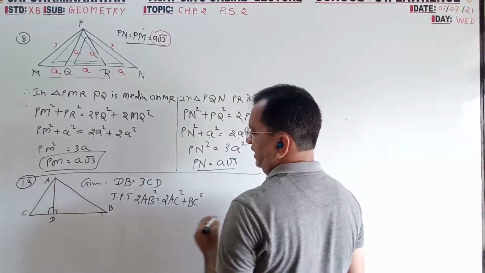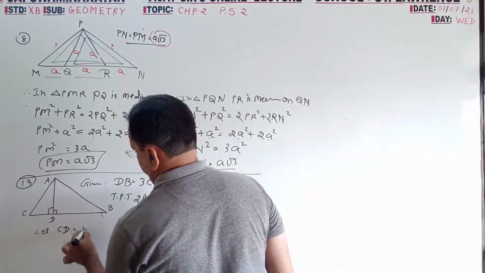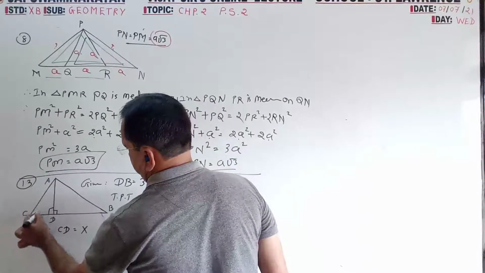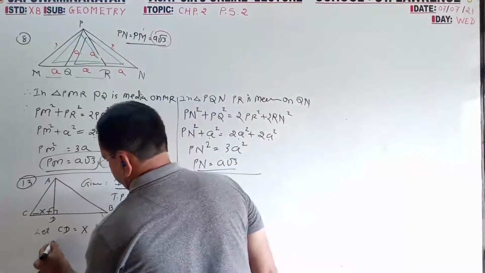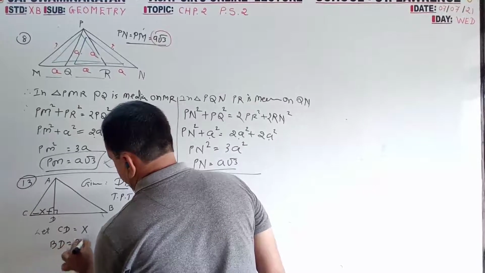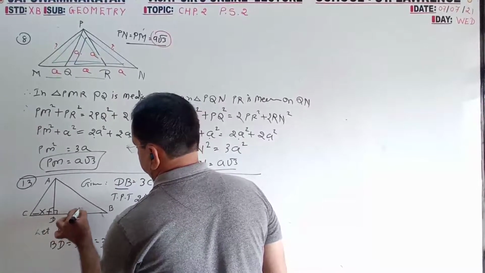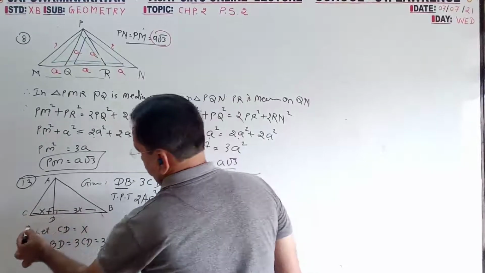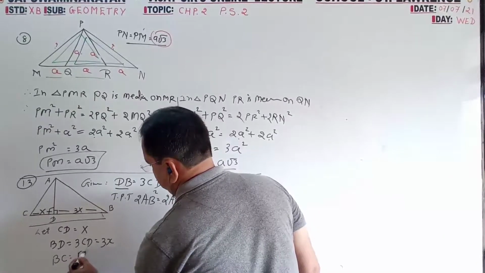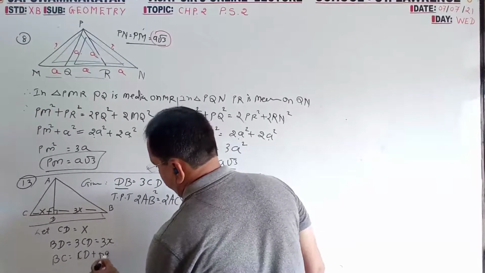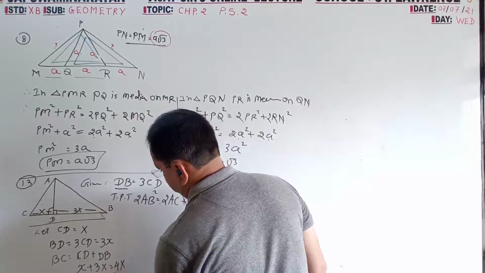DB is 3CD. Let CD be equal to X. Try to understand. This is X. BD is 3 times CD, means 3 times X. So BC is equal to CD plus DB, which is X plus 3X, equal to 4X.